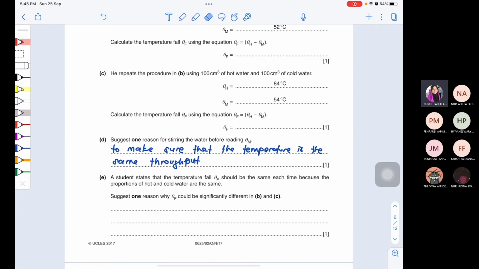Or you can say to reach final temperature.